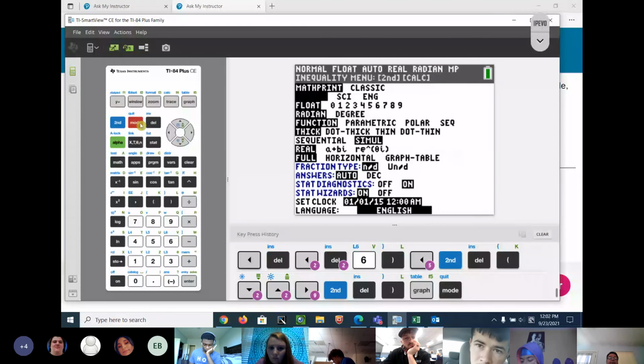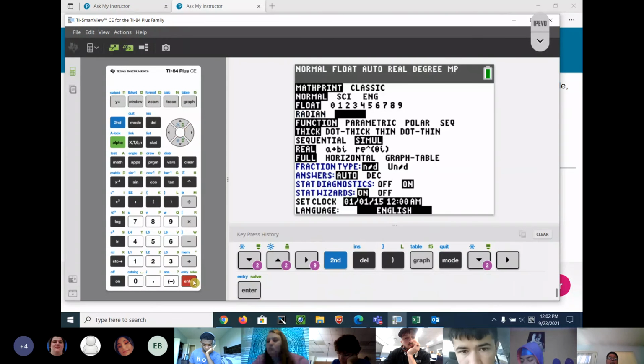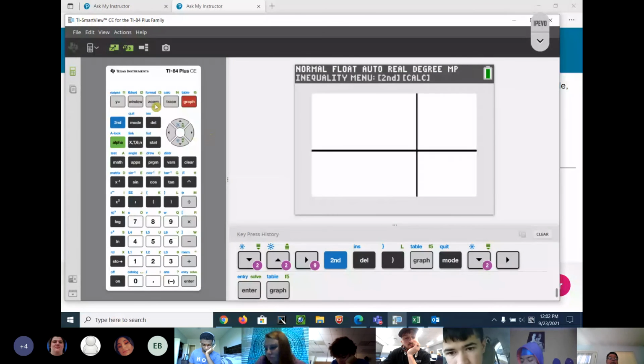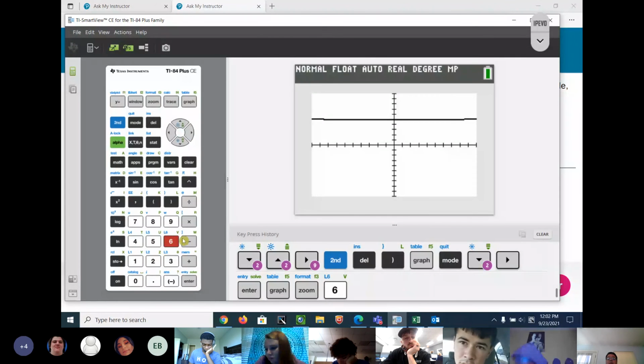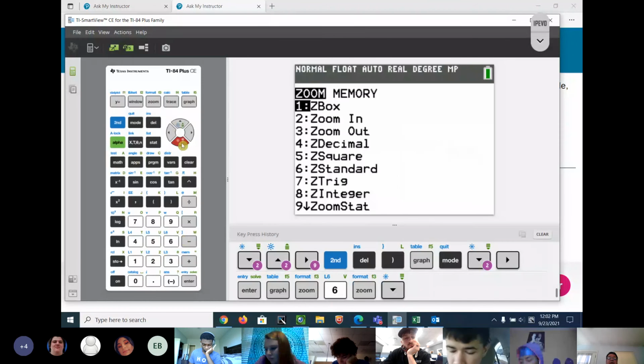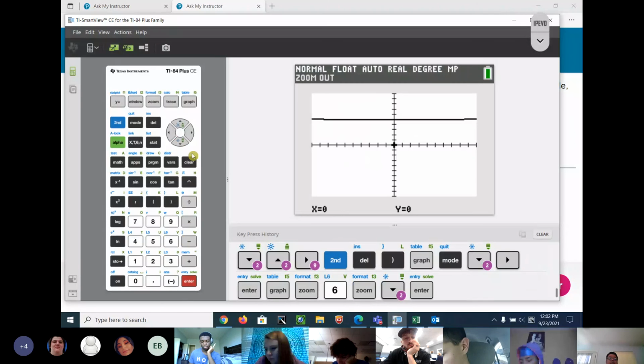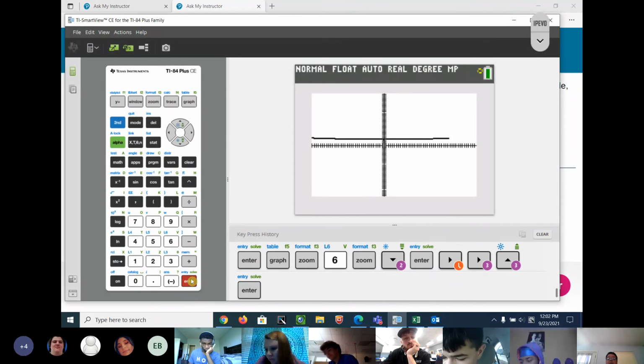It is. Do a zoom standard. And I'm going to zoom out because I want to see what this thing looks like. And we only need the first quadrant. And I think it's a big parabola.